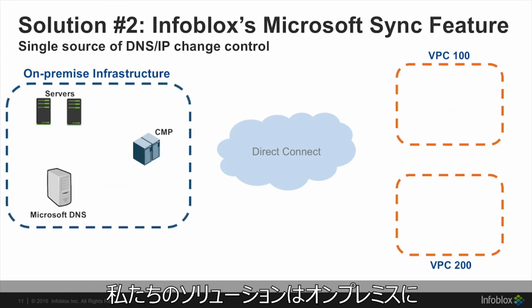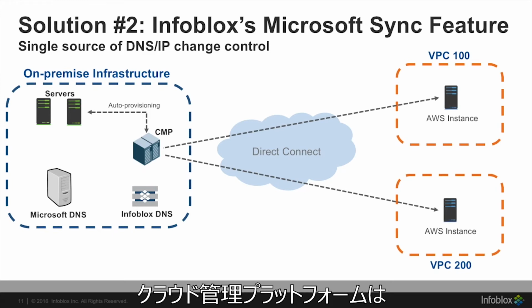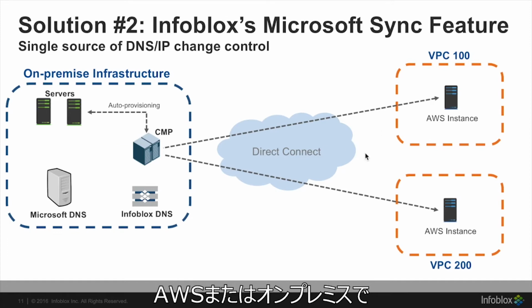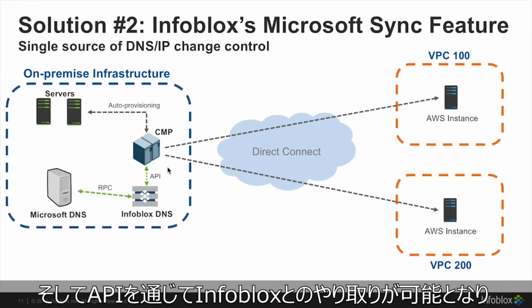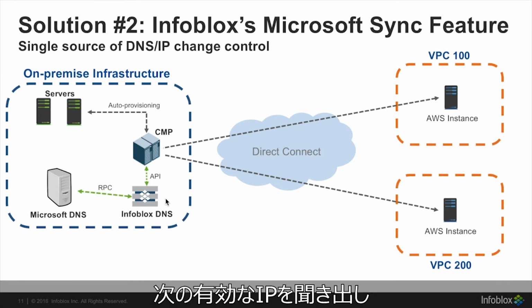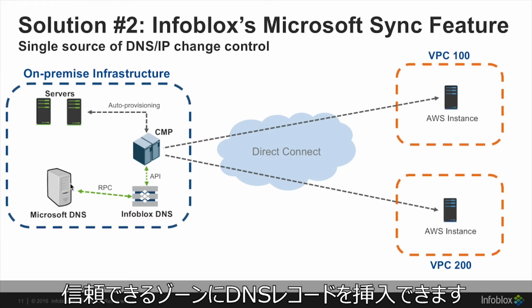A solution that we've come up with is to insert an Infoblox DNS instance on-premise, and the cloud management platform can then go on its usual way to provision instances in AWS or on-premise. What it then does is talk via API to us. It can ask for the next available IP, as well as insert a DNS record in the authoritative zone, which is hosted in Microsoft.